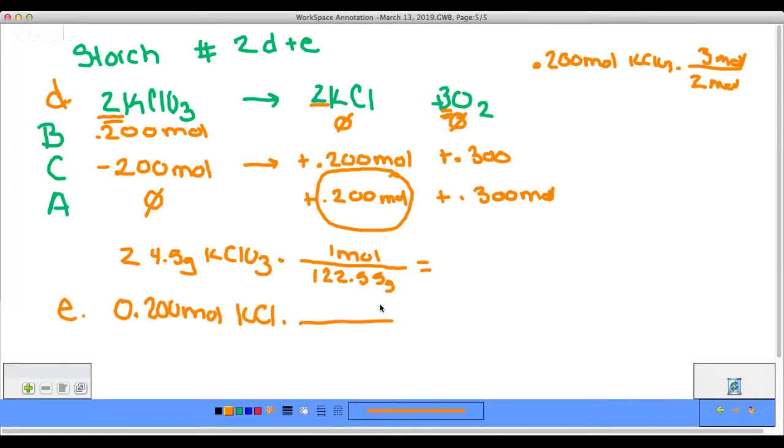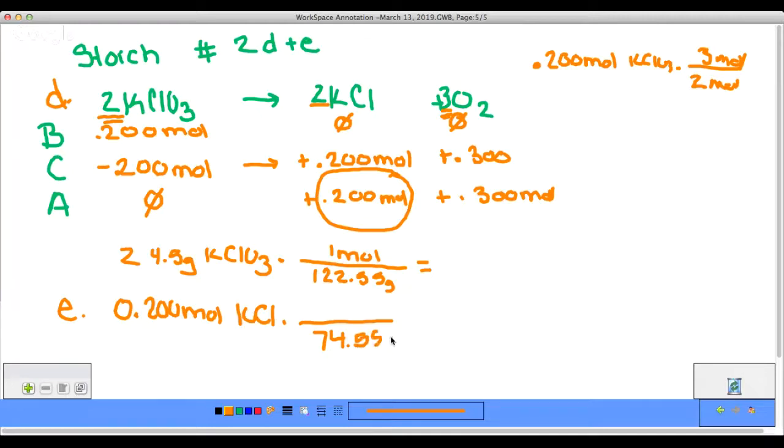Let me calculate the molar mass for that really fast. We have 35.45 plus 39.10, so it's 74.55.